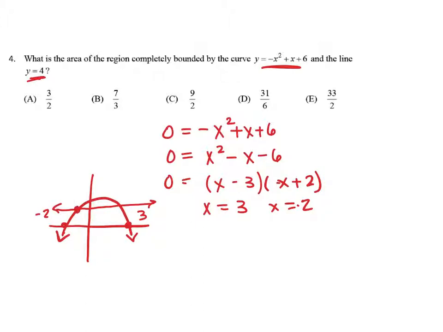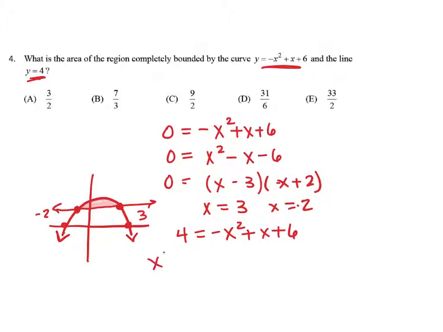So really, I need those points of intersection, or at least the x values, so that I know my limits of integration, because I'm really trying to find that bounded area. Does that make sense? All right, so let's go through that. So again here, let's set 4 equal to negative x squared plus x plus 6.